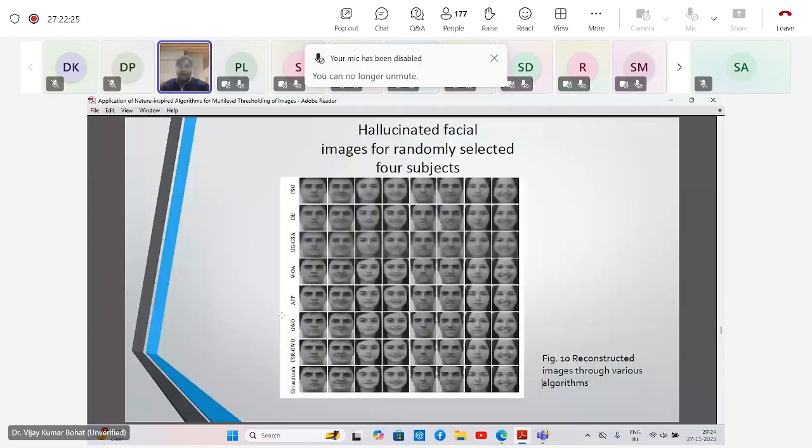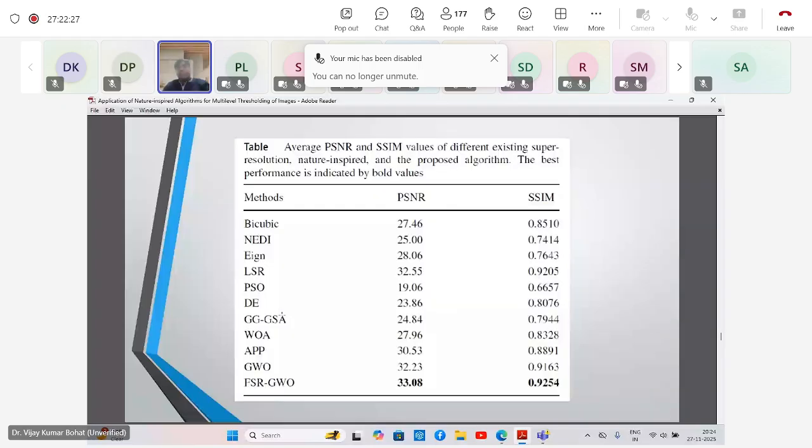The reason behind its performance is the exploration and exploitation phenomena of this algorithm that we have seen in the equations, and the easy application of this algorithm. With the eyes, we can observe that the super resolution images generated by GWO are good.